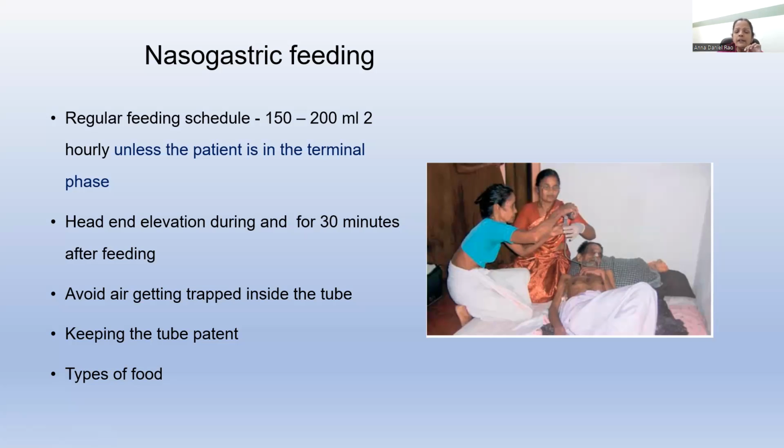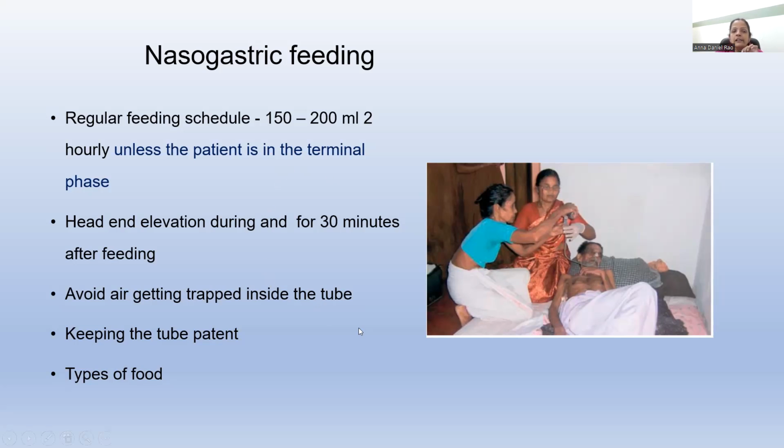Many times at the end of life, there is not much requirement of nutrients. In our scenario, we may feel that the patient is not eating and we are not able to do anything, but in such cases the patient's need will be reduced. So do not force at the end of life.